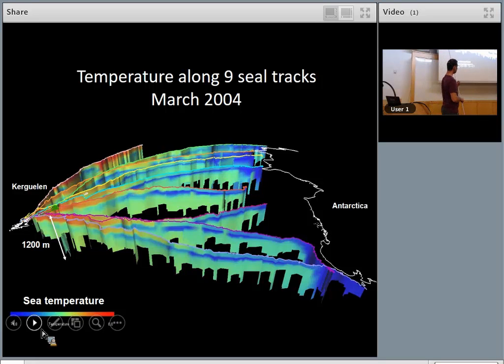So anyway, you have the winter waters that are characteristic of this region. And by having all these sections within 1 month, we have been able to map the circulation and the properties over the entire Kerguelen Plateau and analyze the structure of currents there.